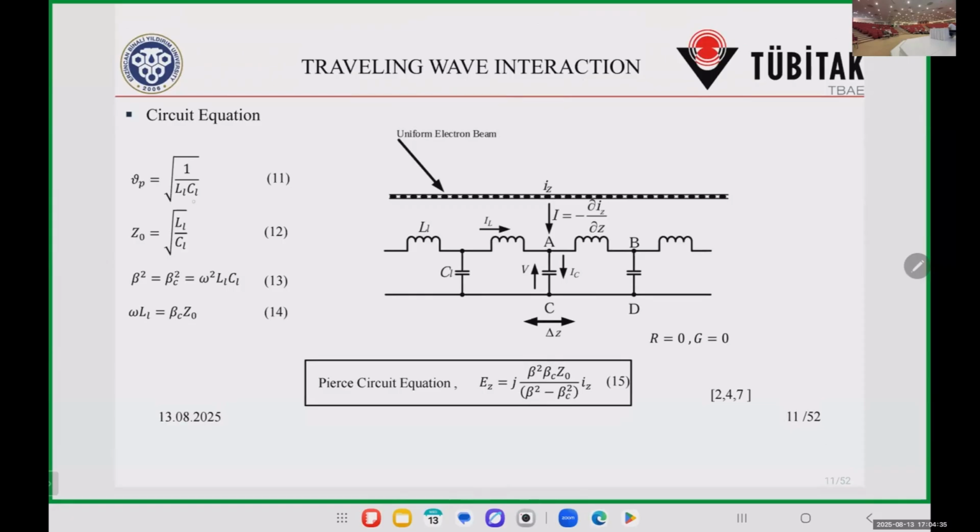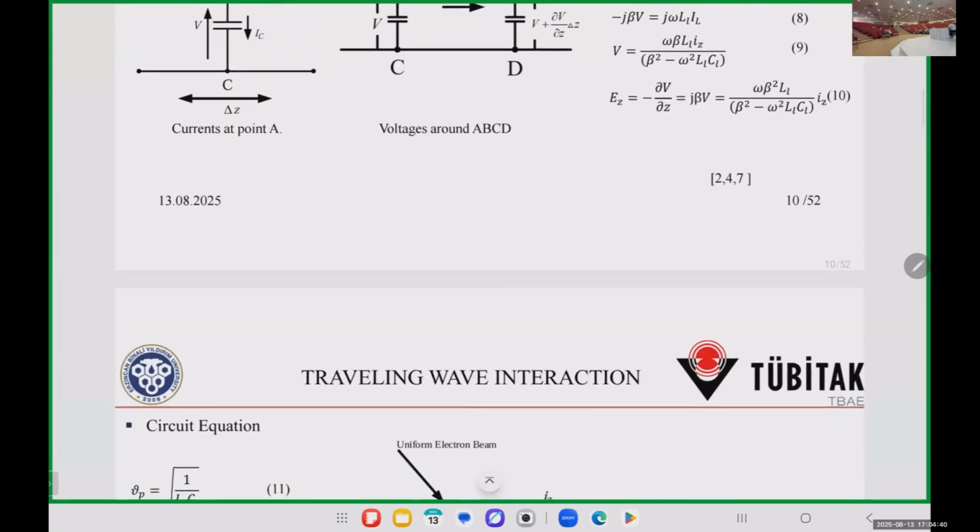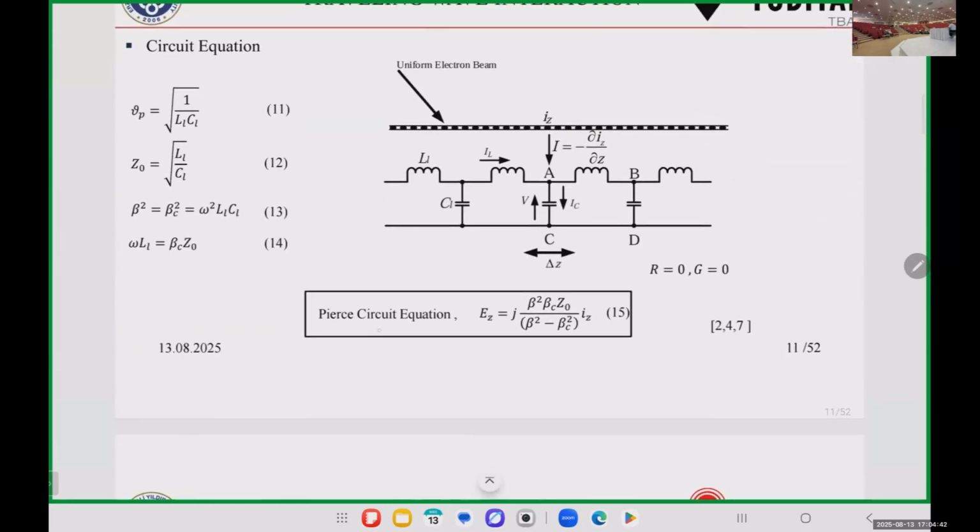If we use these in equation 10, we obtain the Pierce circuit equation.